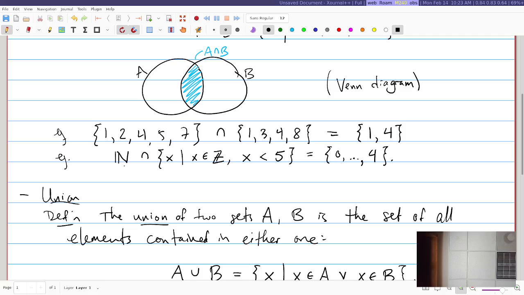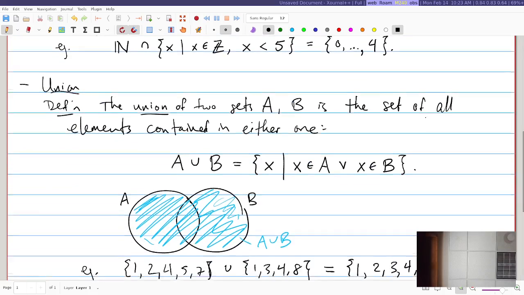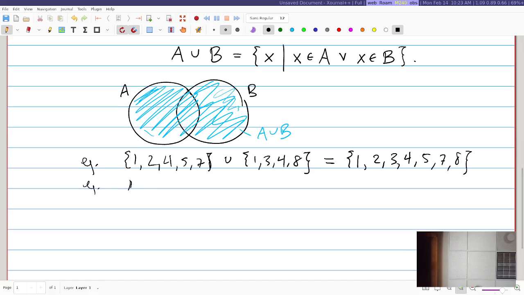And if I union these 2 sets, what do I get if I union the natural numbers and the set of all integers that are less than 5? What was that? Natural numbers? I think I get more than just the natural numbers. Remember, the natural numbers start at 0 and go up. They don't include negative numbers. But this is all the integers that are less than 5, so that does include negative numbers. JC?